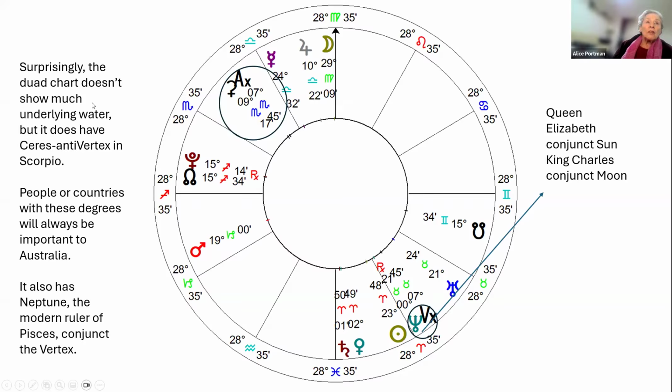Surprisingly, it doesn't show much underlying water. It usually does for people. But you can see the Ceres anti-vertex there in Scorpio. And you can see down there the Neptune conjunct the vertex at 0 Taurus. And that's actually really important because Queen Elizabeth has a sun conjunct that, and King Charles has his moon conjunct that. Hence, we've got a very strong affinity.